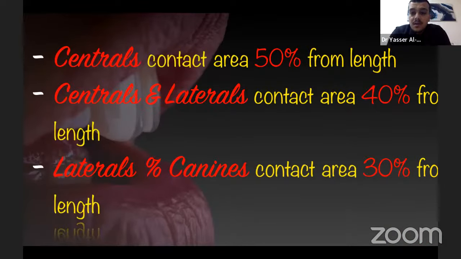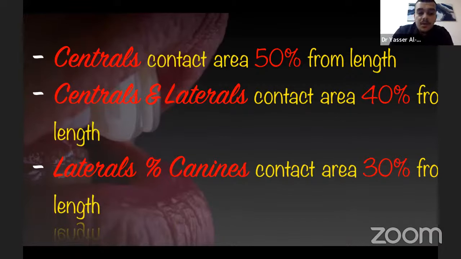The central contact area is 50% of the length, which means the contact area between the centrals on the mesial aspects is about 50% of the whole length of the centrals. The centrals and laterals contact area forms 40% of the length. So the contact area between the distal side of the central and the mesial side of the lateral forms 40% of the length of the centrals and laterals.